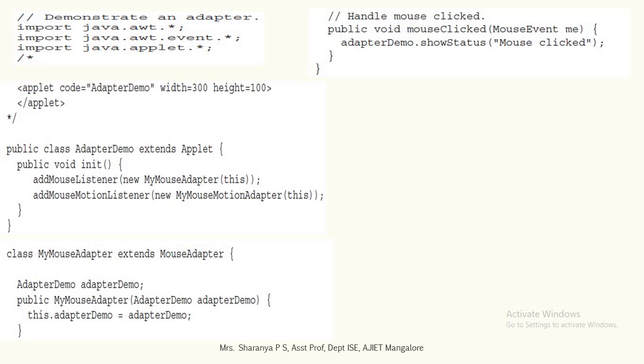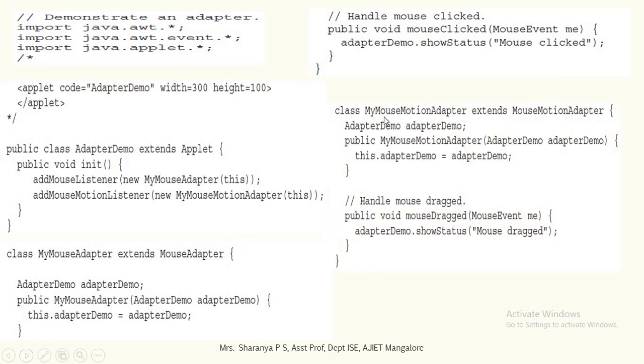In AdapterDemo, here I have created the object, and here I am referring to the current object, and here I am referring to only one kind of method, that is mouseClicked. Normally, as we have discussed, there are a total of 5 different methods available. Now I have overridden only one method, that is mouseClicked, by using this MouseAdapter.